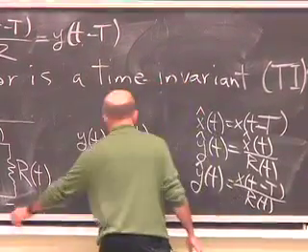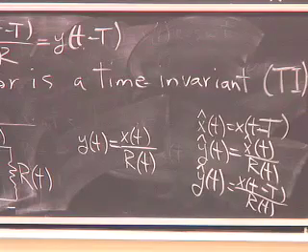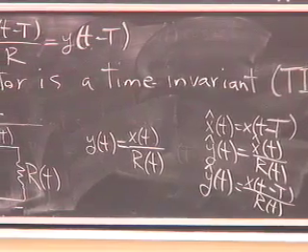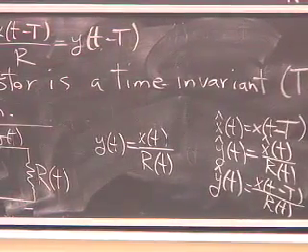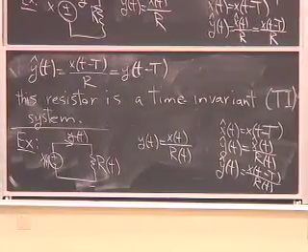Let me go to this board. Now you think about whether this y hat of t is y of t minus cap T. What is y of t minus cap T? That's what you have to compare it with.